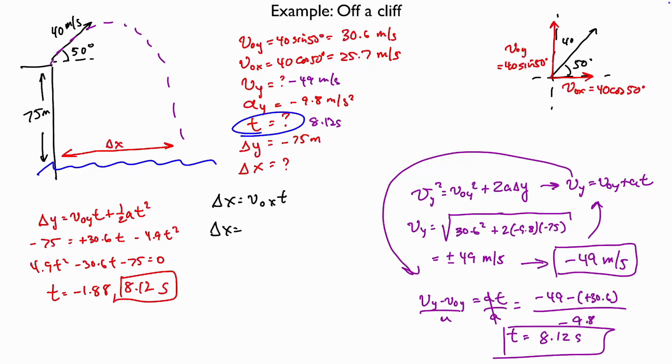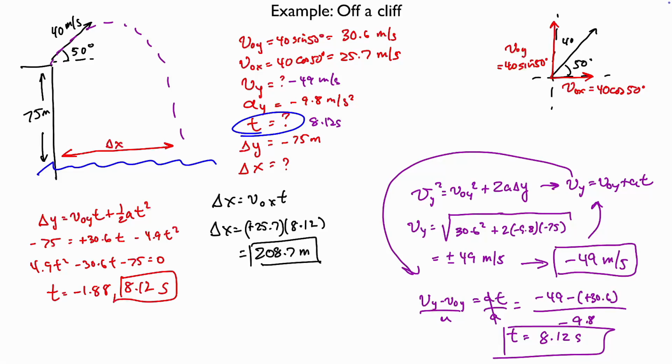And that's going to be positive 25.7 times my time, 8.12. Everything's going in standard units, so I know I'm going to get meters out. I got 208.7 meters, or roughly 2 football fields away. It's pretty impressive. No real way to check that. Sometimes you just have to be confident in your ability to use your calculator.